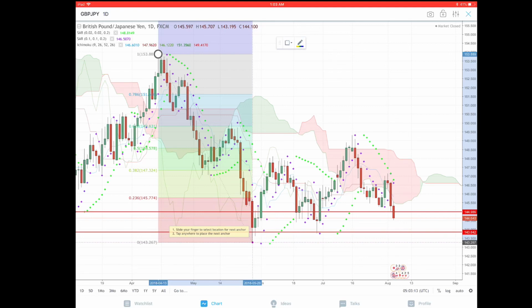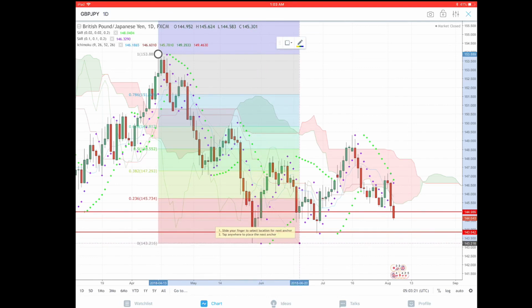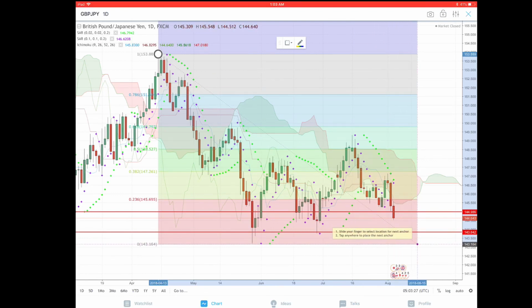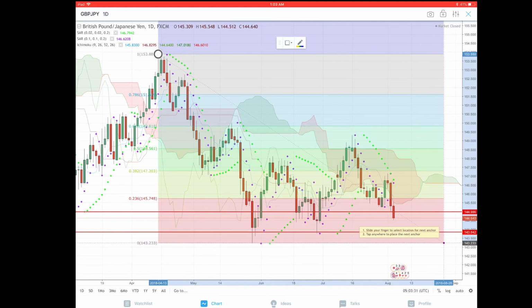And then once you have the 0 line on the lowest point, to make it easier to see, you can just stretch this all the way across the chart. And just make sure you leave that 0 line on the lowest candle.